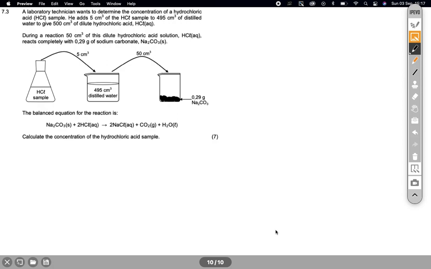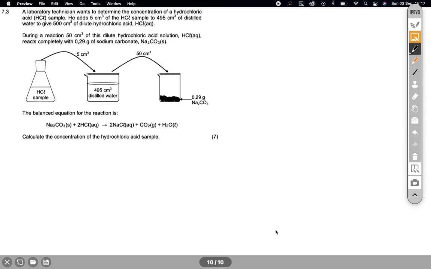So, a lab technician wants to determine the concentration of HCl. He adds 5 centimeters cubed of HCl sample to 495 centimeters cubed of distilled water to give him 500 centimeters cubed of dilute HCl.